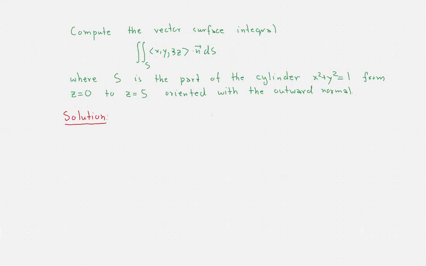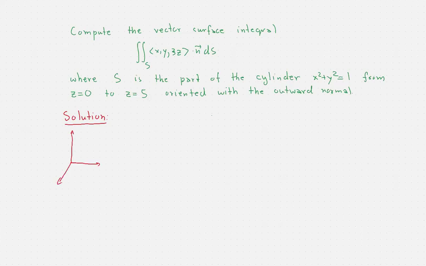Okay, so we would like to compute the vector surface integral of the vector field x, y, 3z over a cylinder which starts at height 0 and terminates at height 5.